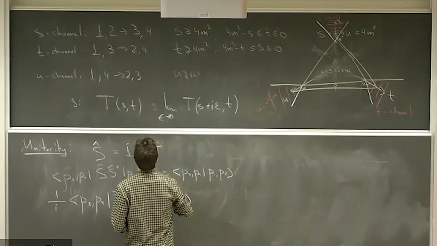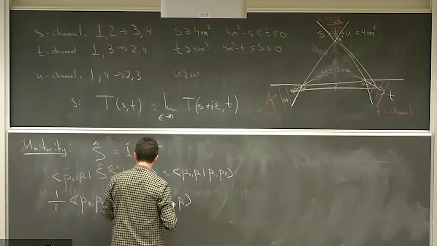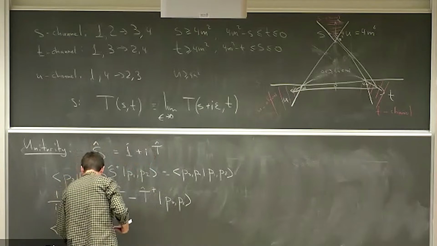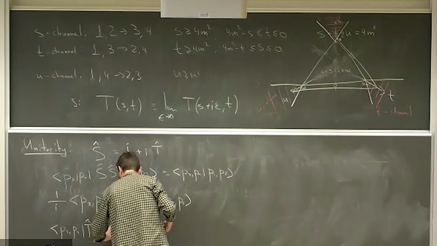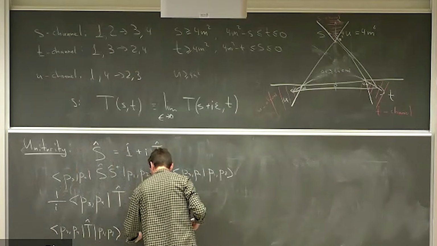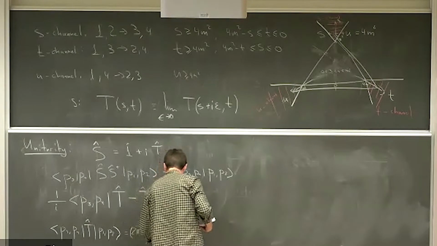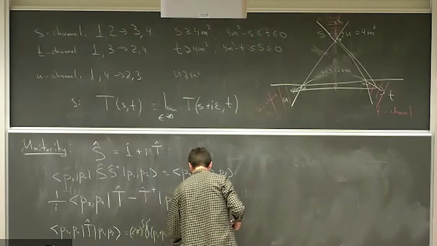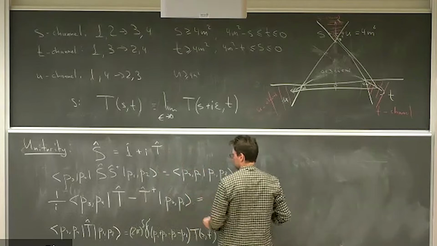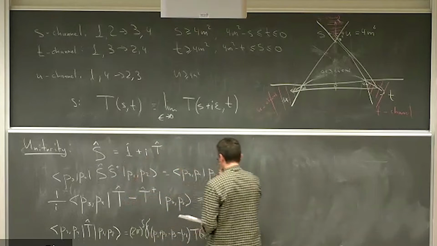Again, to connect to what I wrote on the previous blackboard, this operator T, inserted between states, gives you this delta function of momentum conservation times the function T of S and t that we care about. So by inserting this identity here, 1 cancels, and we're left with this T minus T dagger.